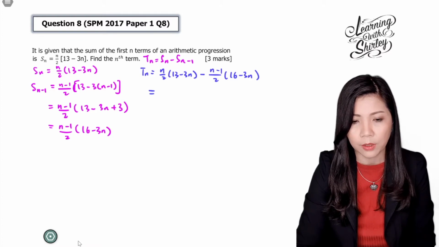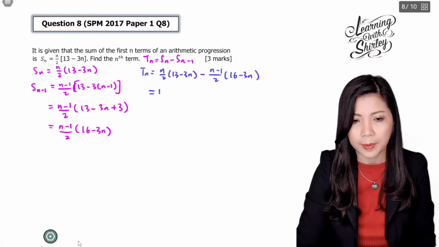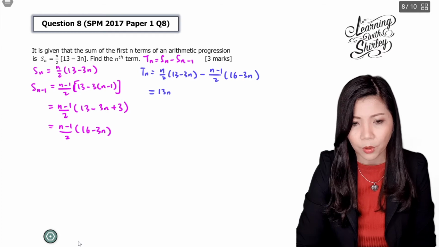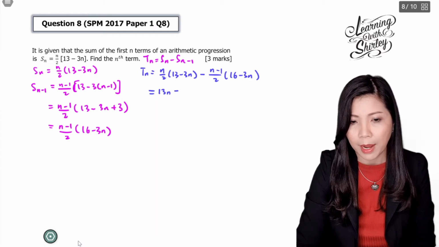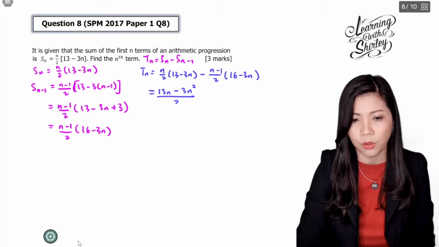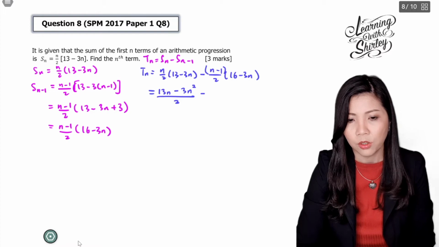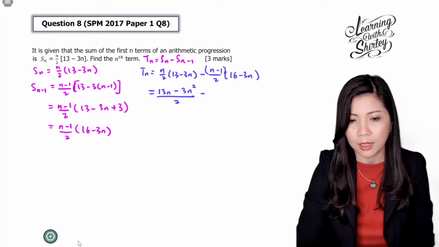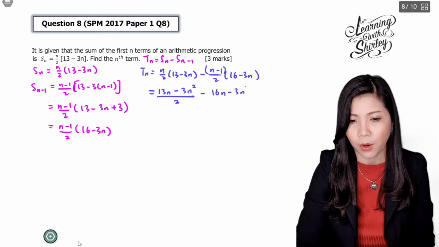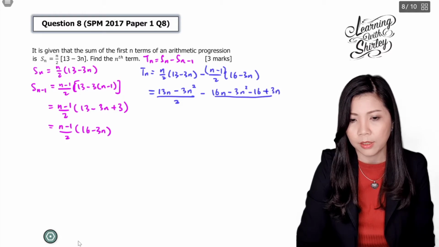The first one will be 13n minus 3n squared over 2, and then minus, you have to multiply here, so it'll be n times 16 is 16n, then minus 3n squared, then minus 16, and then plus 3n, whole thing over 2.